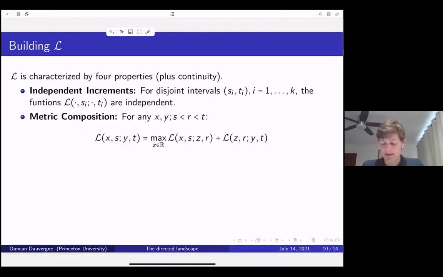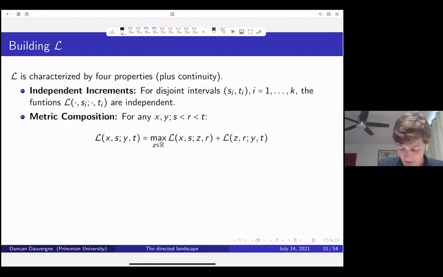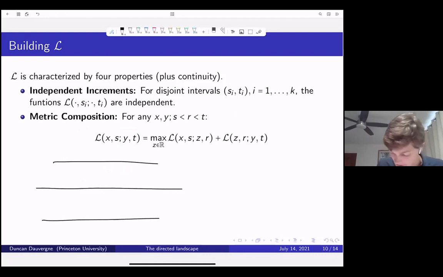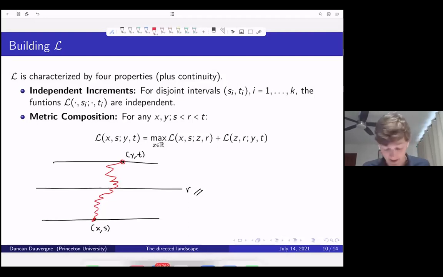The second property is a semi-group property that we call the metric composition law. It's really a metric property, and again this is something pretty simple. You can think either in terms of Brownian motions or directly in the limit. Say I want to look at the distance between xs and yt, and I have some intermediate time R. Then I have to optimize over all paths from xs to yt, and any such path has to go through some location zr.